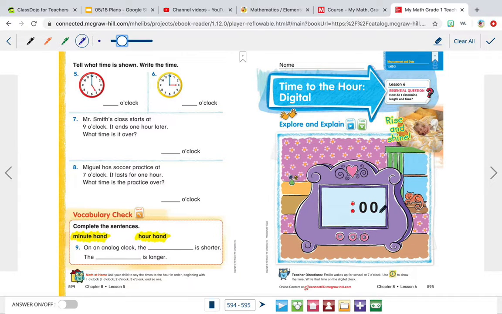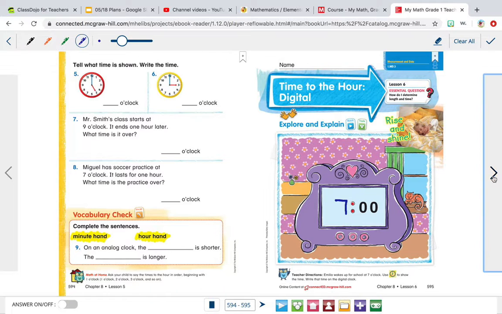So there's no minutes. It's just saying 7 o'clock. So the minutes are on this side. The hour is on this side. So we're going to put 7 because the hour is 7 o'clock. So the hour goes right here and it's 7 o'clock. And because there's no minutes, the minutes are going to be 0.